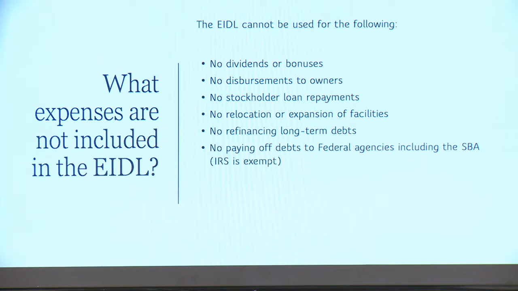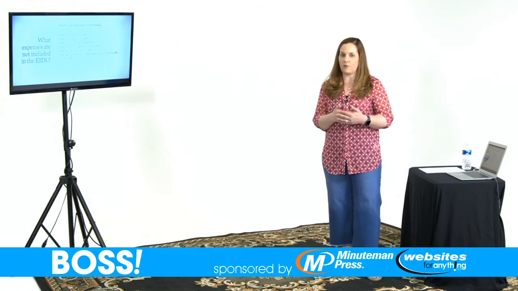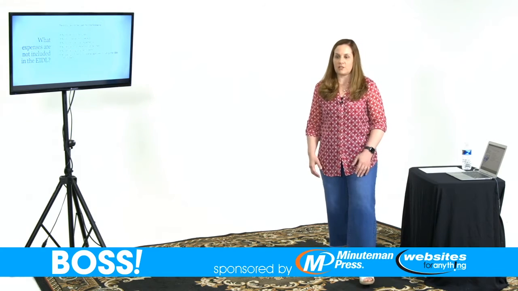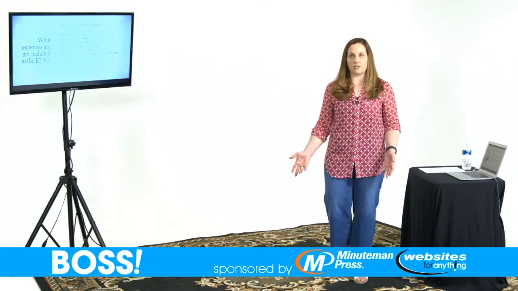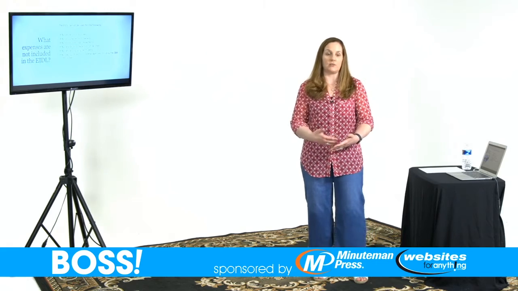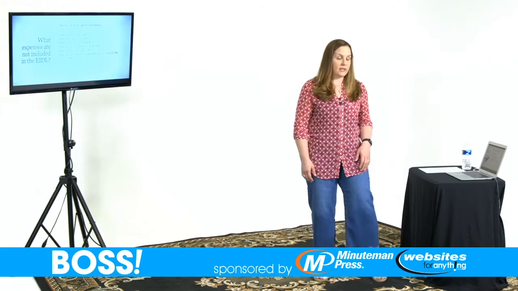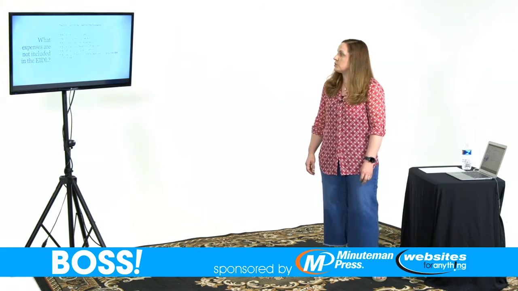So pretty much with the EIDL loan, you cannot use it for owner draws, things like that, especially as a small business. You want to make sure that you're getting paid, but you need to make sure that you are on payroll. If you're on payroll, those payroll costs are included in the expenses you are allowed to use for the EIDL.